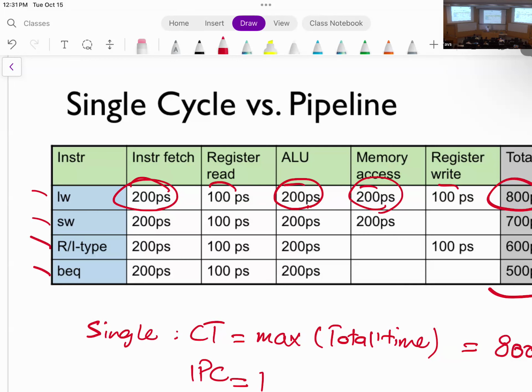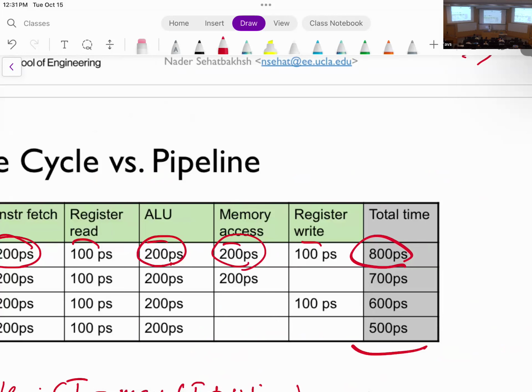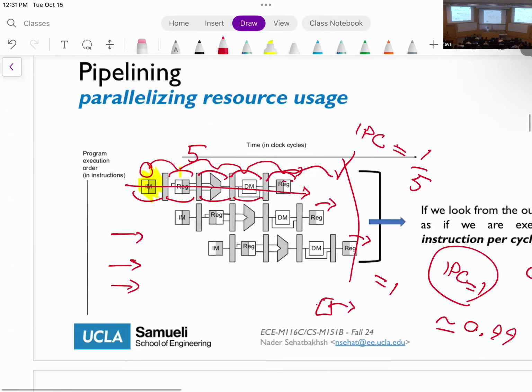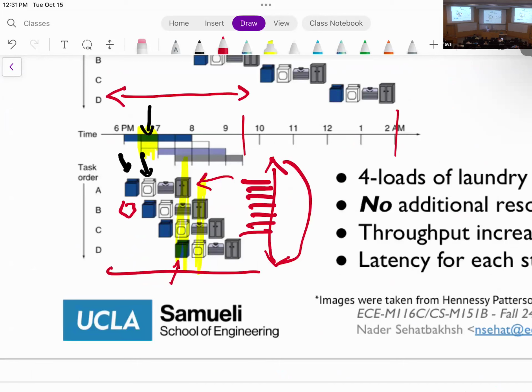Now the question is, what is my CPI or IPC? In single cycle, the IPC is equal to 1 because that's the definition of single cycle. I finish an instruction per cycle. So IPC obviously is 1. For pipelining, I'm using this analogy of laundry loading. If I look at the end of the system, at any given cycle I see that I finish one full load.